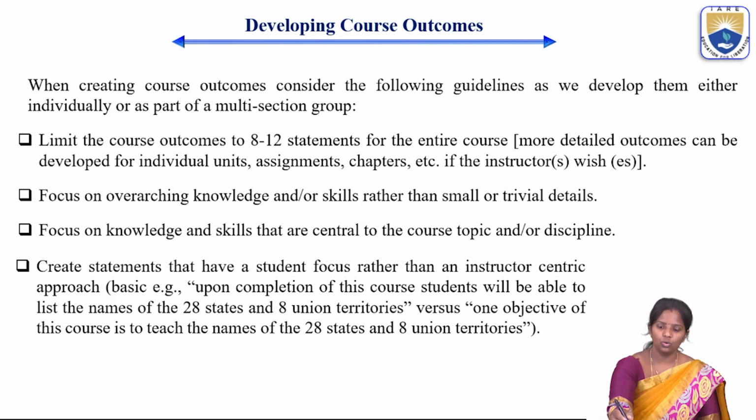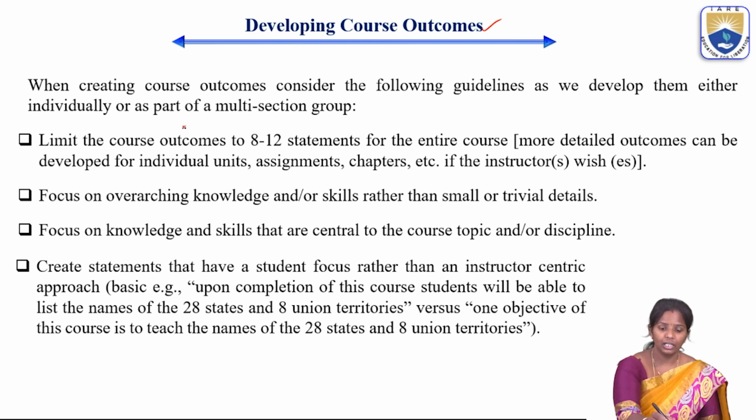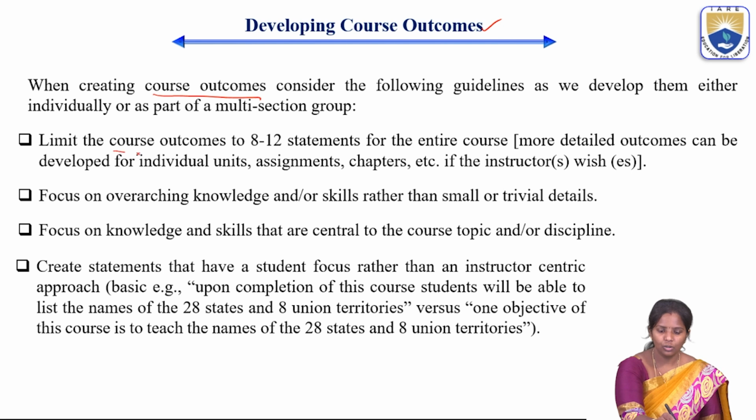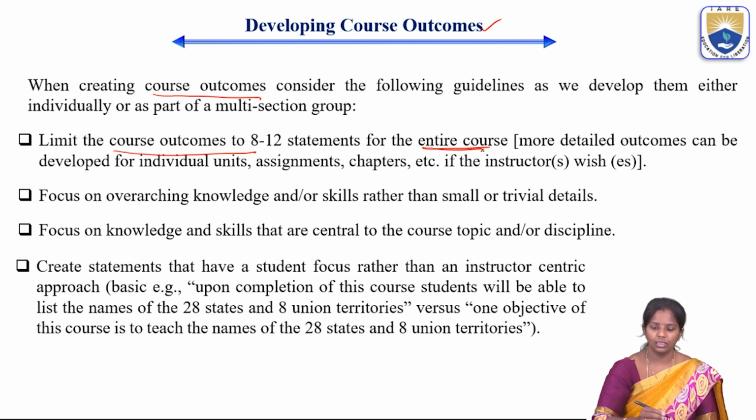So developing the course outcomes. How do we really develop these course outcomes? When creating course outcomes, consider the following guidelines. Limit the course outcomes to 8 to 12 statements for the entire course. Entire course is nothing but the program, whatever the course they are at the graduation.